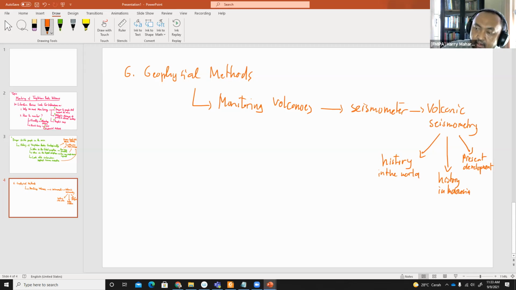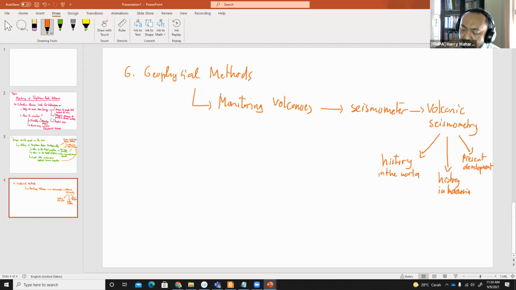So, for example, in the introduction part of our paper we tell the reader that monitoring a volcano using seismometer has become a necessity for the geological agency, because from the vibration recorded in the volcano, we can detect changes of movement inside the magma chamber, for example.